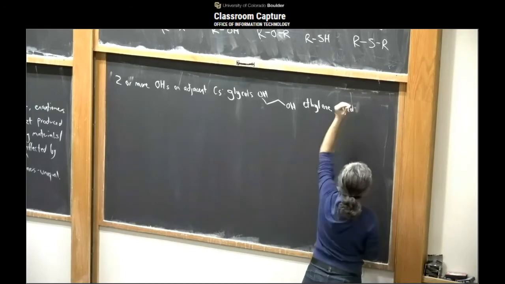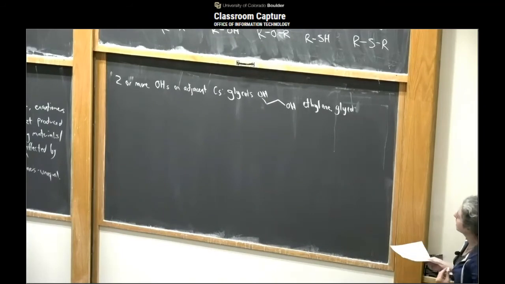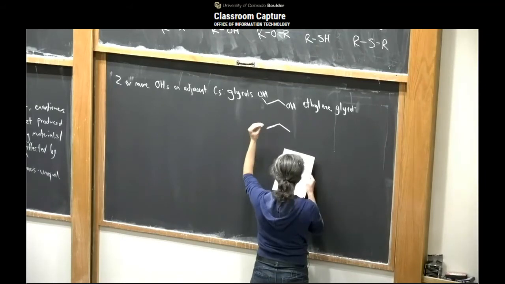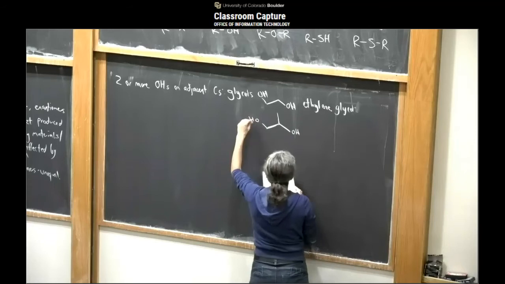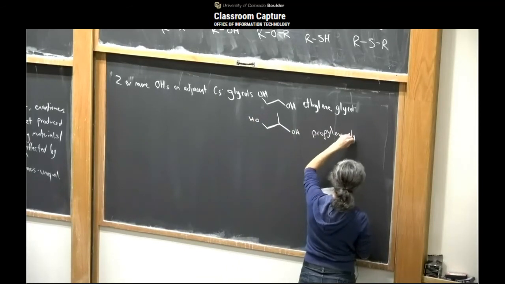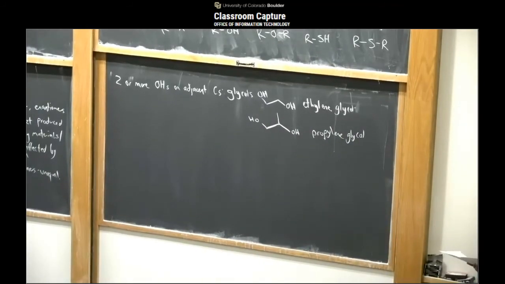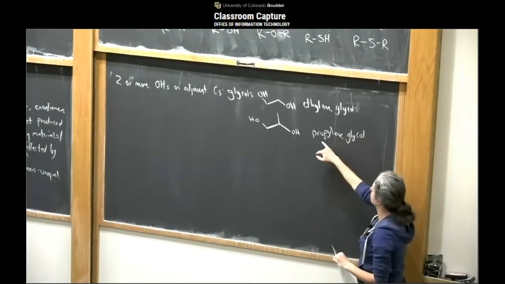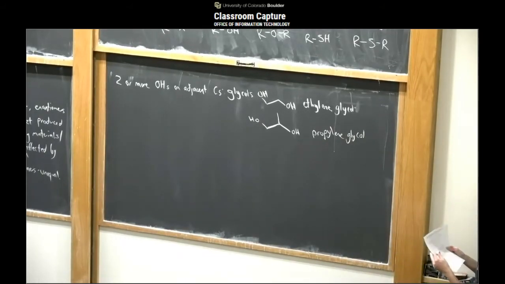The problem is that it's also poisonous to pets and it tastes sweet, which is a bad combo. A safer version of this is one with an extra methyl group on there. This one is propylene glycol. That one is not poisonous. I don't know how it tastes though. Someone else can report that.